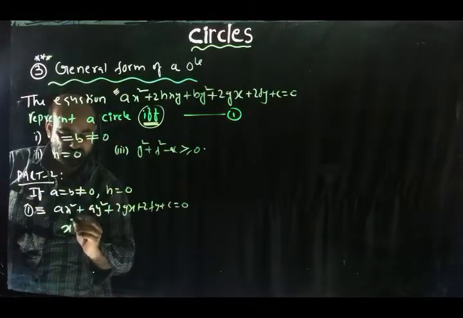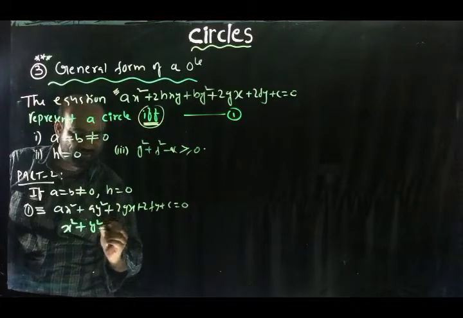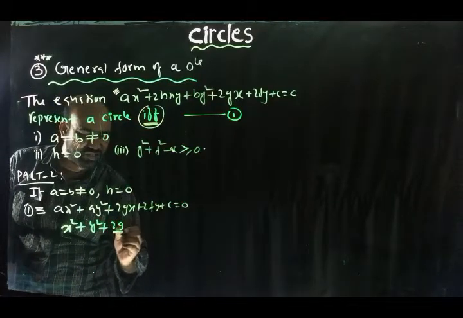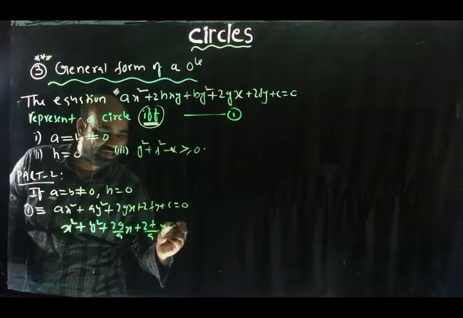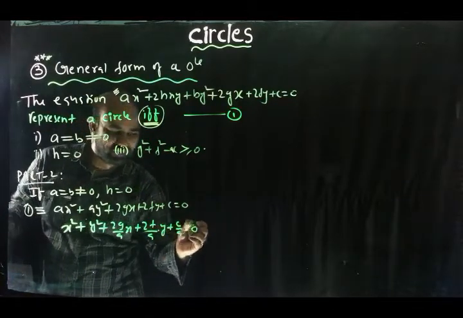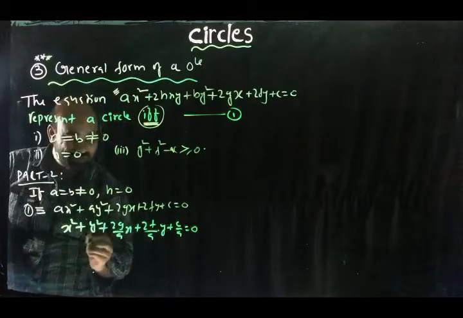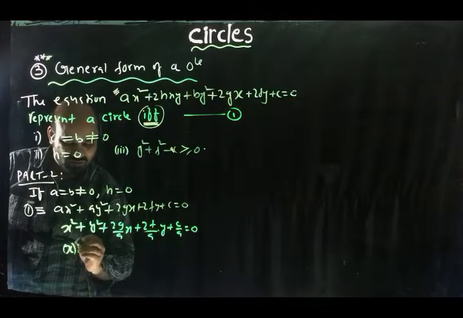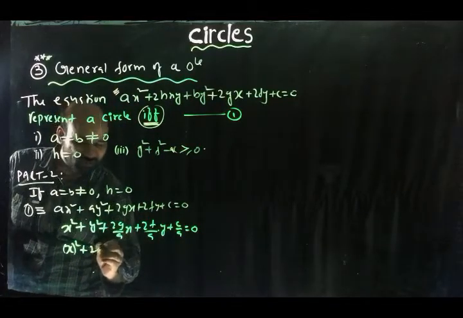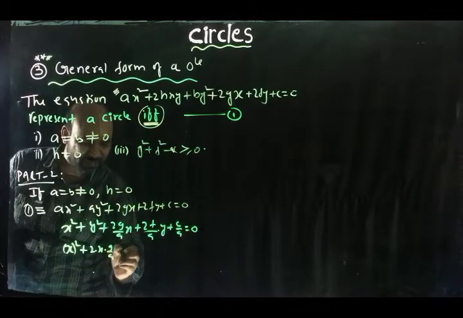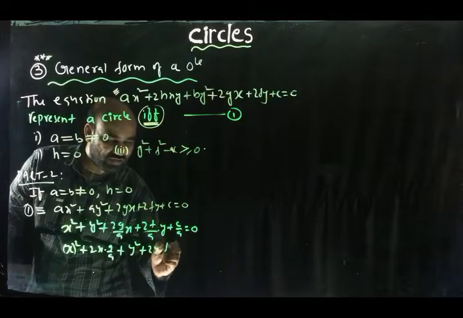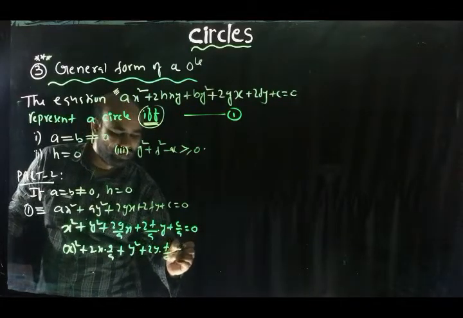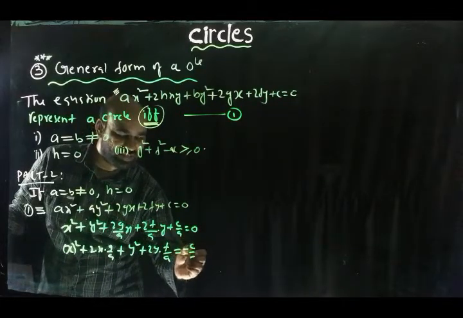So x square plus y square plus 2g by a x plus 2f by a y plus c by a equal to 0. So this can be written as x square plus 2 into x into g by a plus y square plus 2 into y into f by a equal to minus c by a.